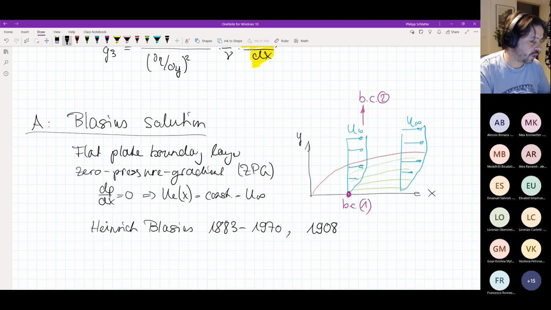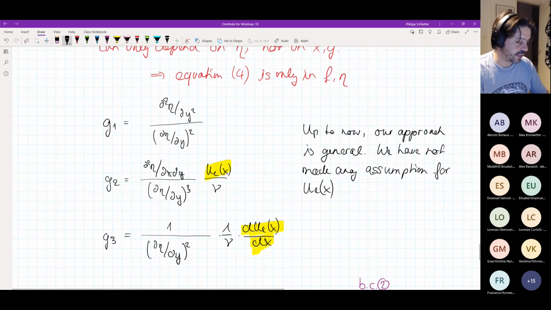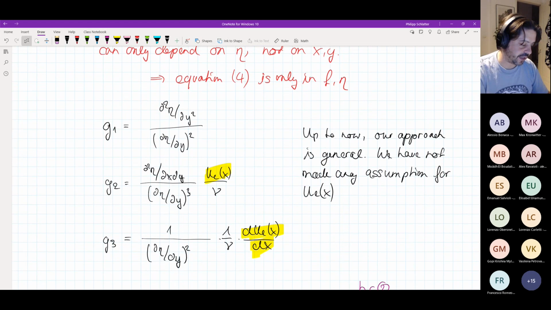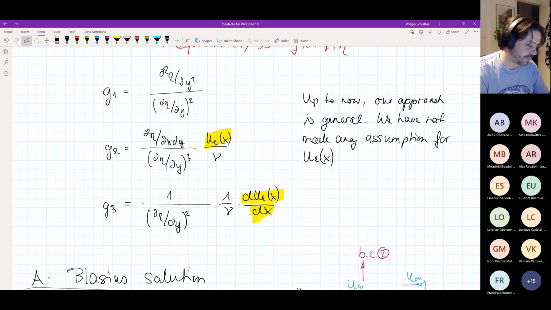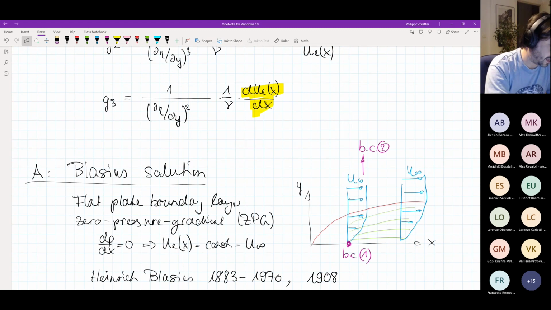So what does it now mean if we restrict ourselves to zero pressure gradient when it comes to these G1, G2, and G3? Well, I guess one obvious thing is directly to see that G3, where you have dU_e/dx, if we now restrict ourselves to having constant free stream velocity, G3 will immediately become 0.